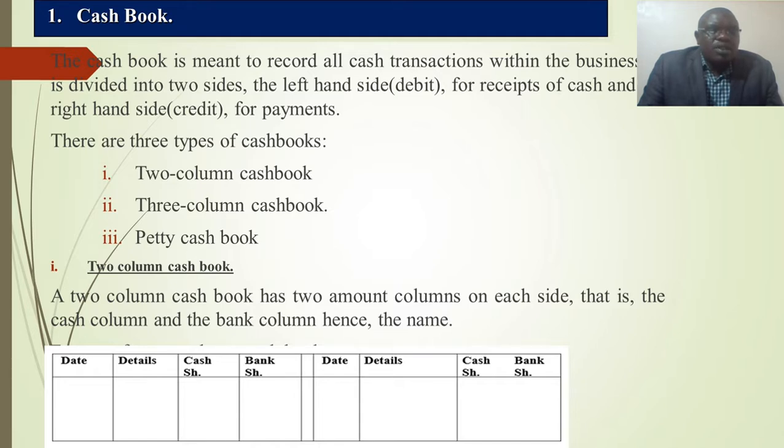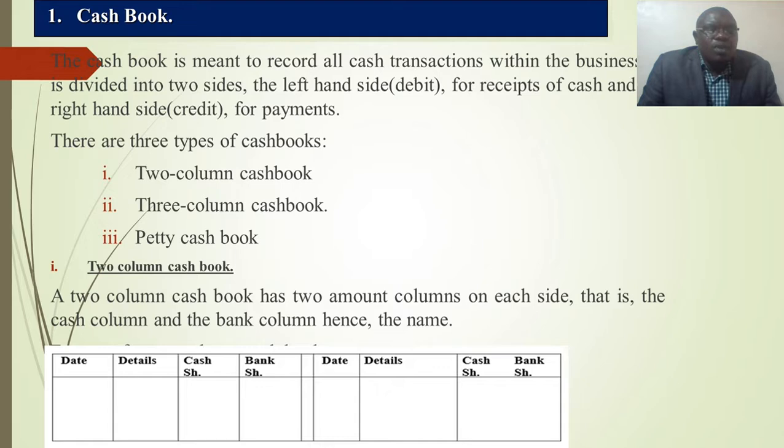Let us start with the first one, which is the 2-column cash book. It gets its name from the fact that it has two amount columns on either side of the cash book. Since the cash book is used to handle cash receipts and cash payments, we have two distinct sections.